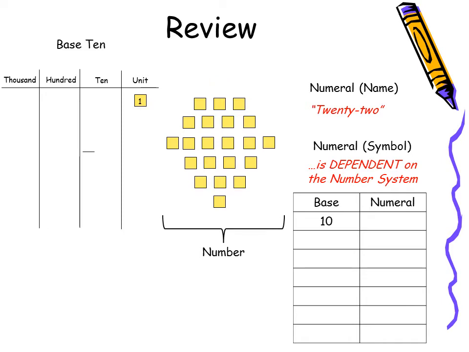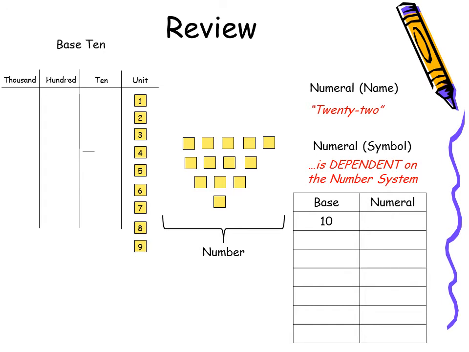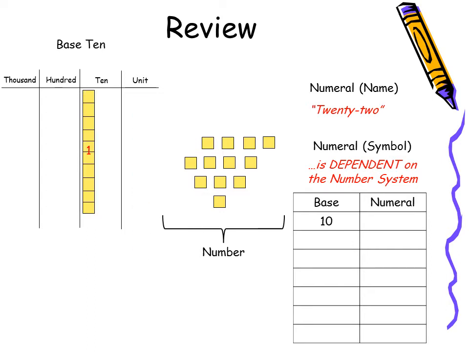So 1, and you notice that the one that was here, I moved it here. 2, 3, 4, 5, 6, 7, 8, 9. So I have 9 groups of 1. However, when I add another group of 1, that'll be 10. That's where my one group of 10 comes from.